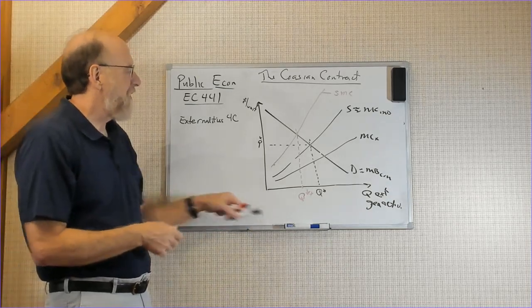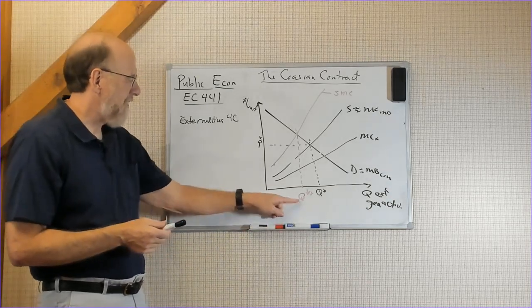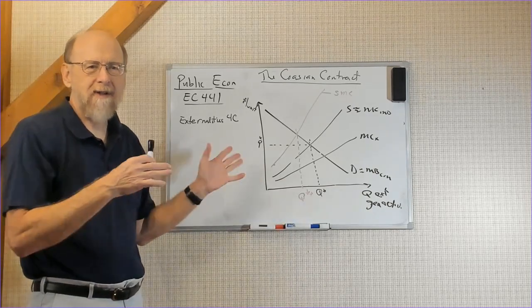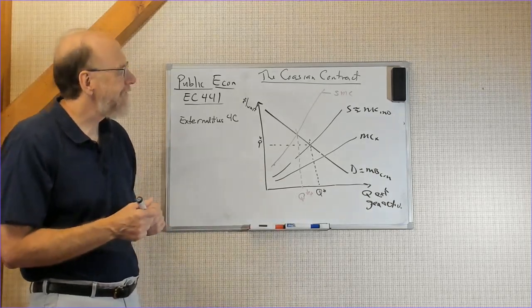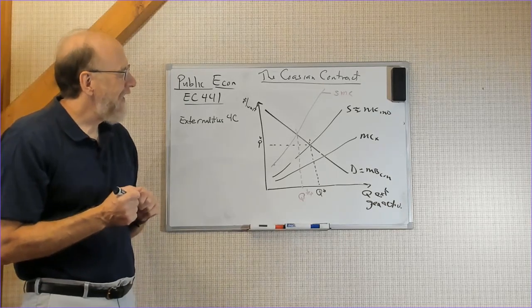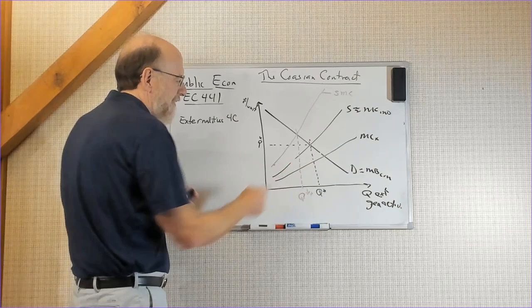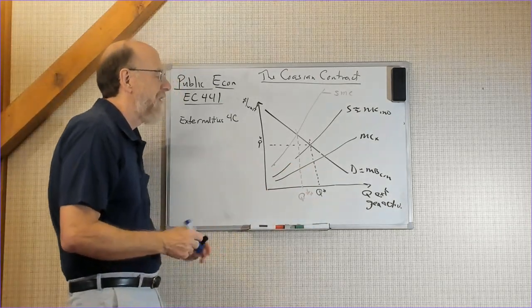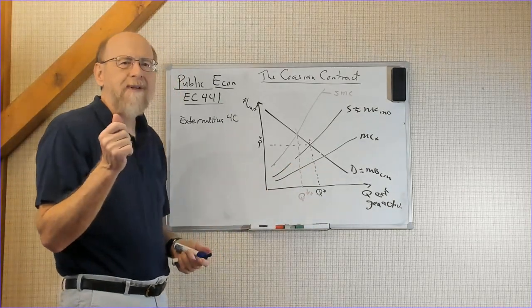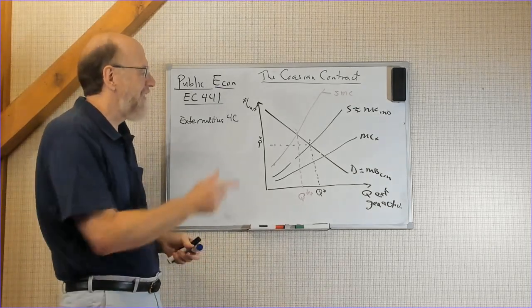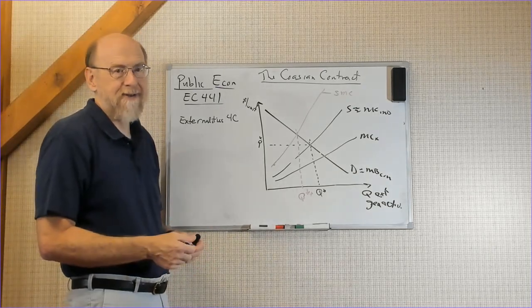Okay, so now we aren't going to try to use public policy to reach this point under the Coasian assumption. We're just going to assume that the people get together and bargain. And the idea is that you can use this marginal external cost curve to characterize the amounts that the folks outside, the third parties, are willing to pay to have this externality problem addressed. Right?